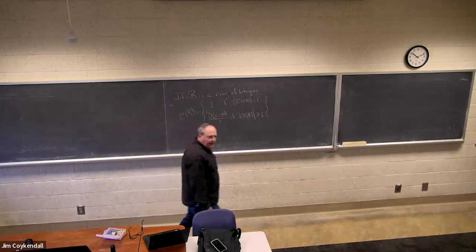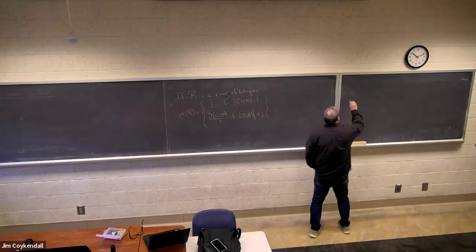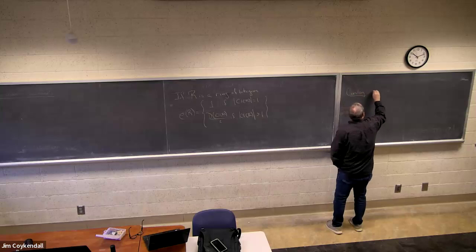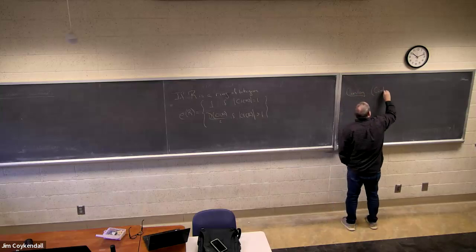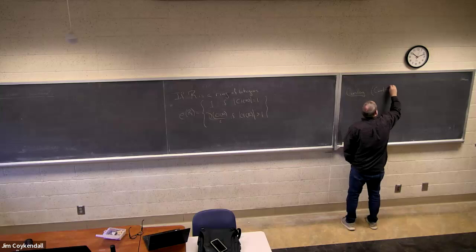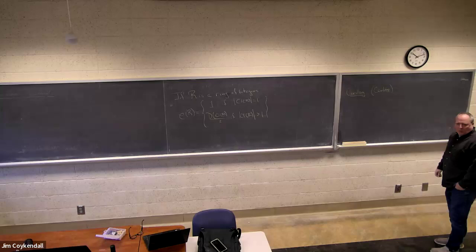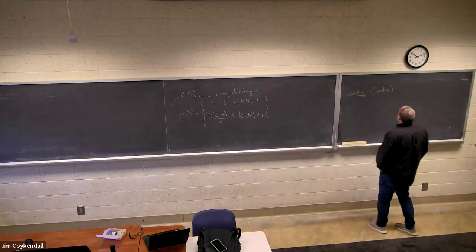Let me give you a corollary, which is a theorem you already know, but I always like to think about it. Here's a slick way to do the Carlitz theorem now.